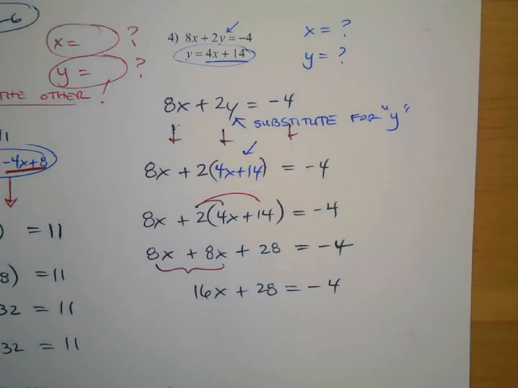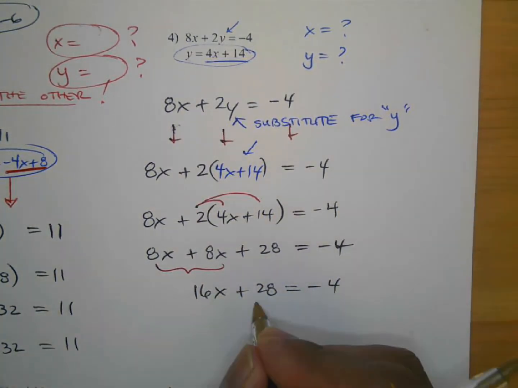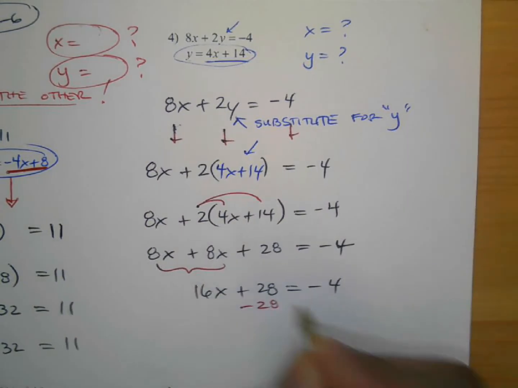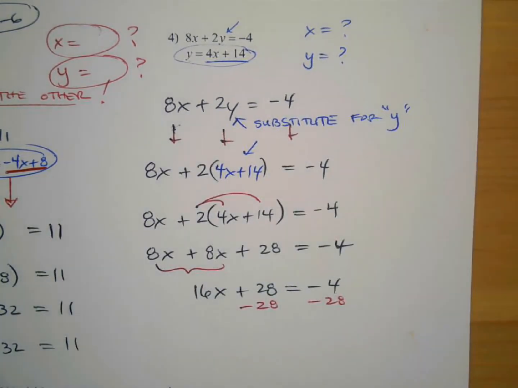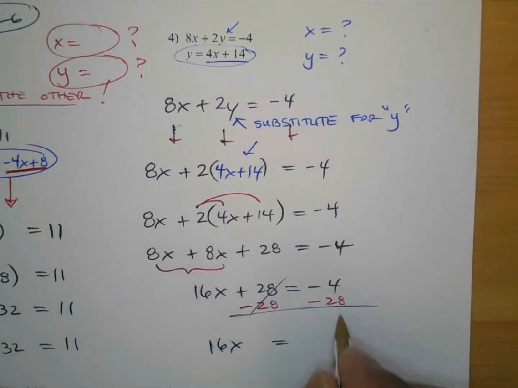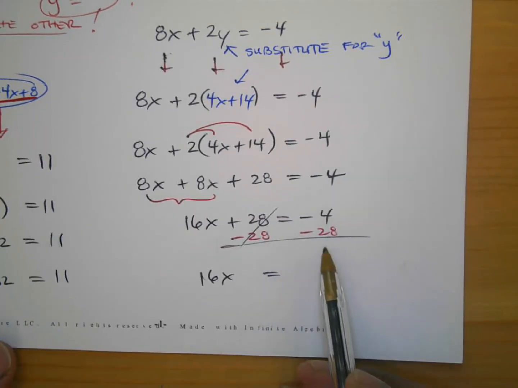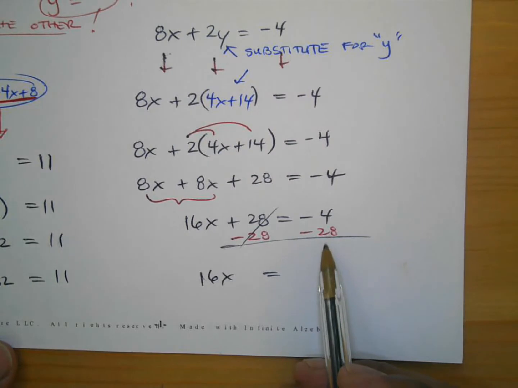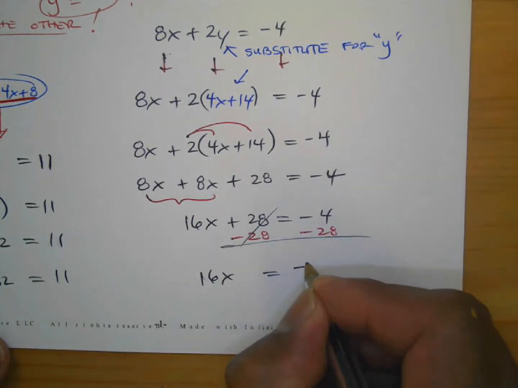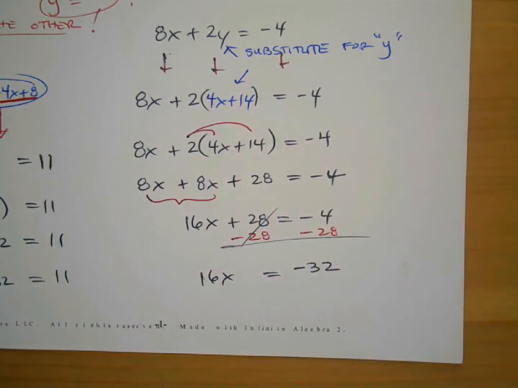And then how do we finish this, or how do we continue and solve for x? Subtract 28 from both sides. You're left with 16x equals -4 and -28. When you add two negatives, you add them and it stays negative, so -32.